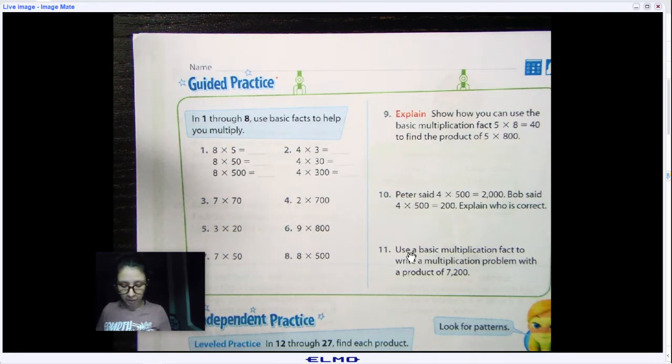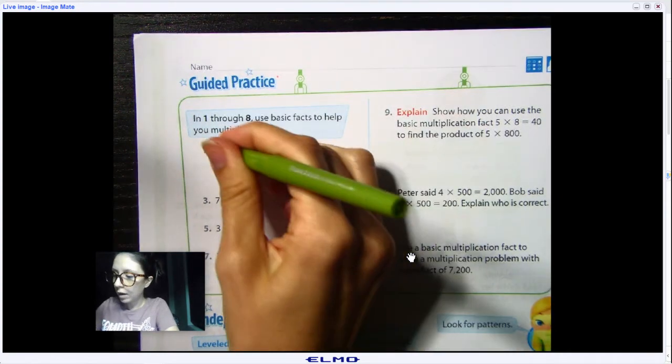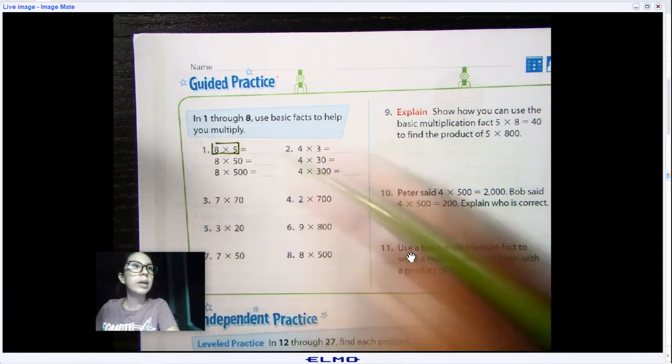Okay, so we talked about the method that we want to do. We want to box our numbers when we're doing that. And then we just add the zeros at the end. So, okay, we know 8 times 5 is 40.